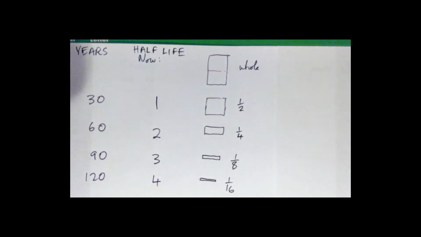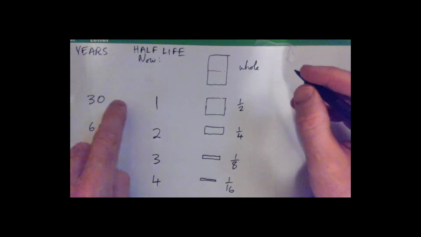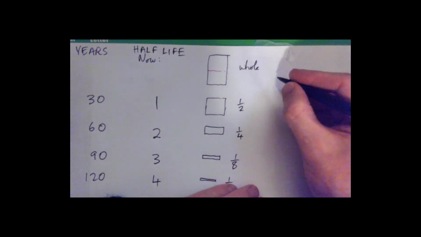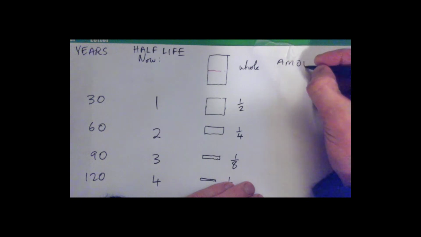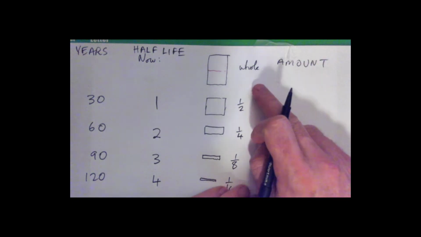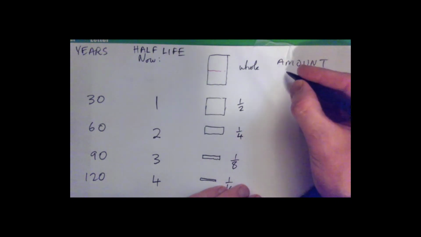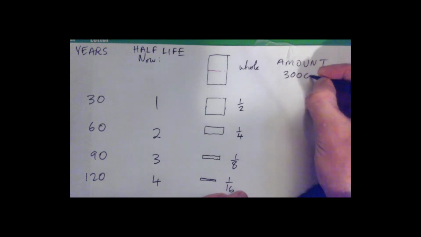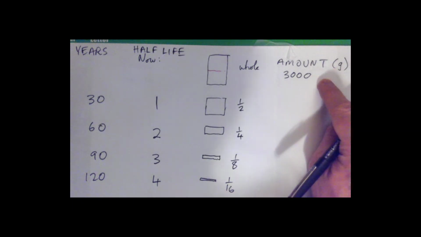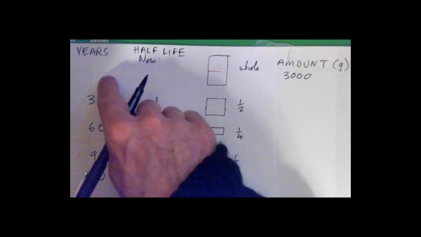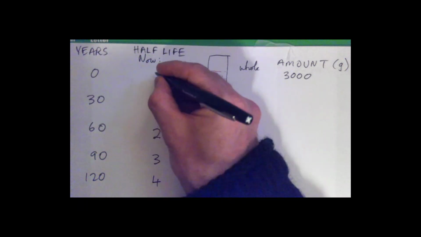I'm just going to grab some tape. Okay, so 30 years, 1 half-life, it kind of looks like this. And what's the amount and so on, right? Okay, so we start with 3,000. Let's just keep it in grams. That's cool. We could do 3 kilograms if you want to, but it doesn't matter. Let's do it in grams. So that's small g for grams, right? So this is now like year 0, no half-lives.